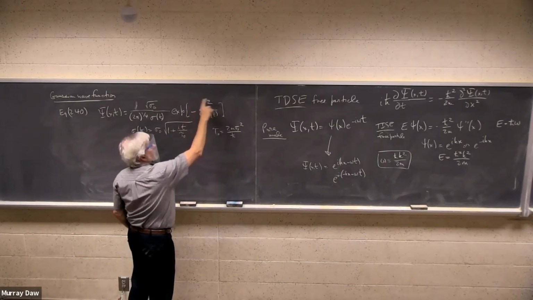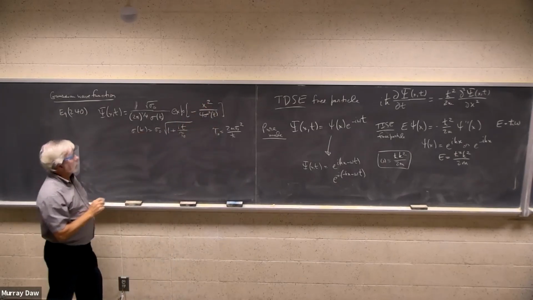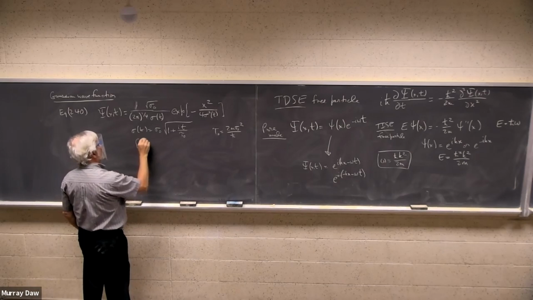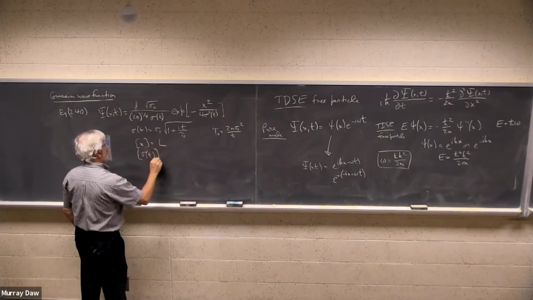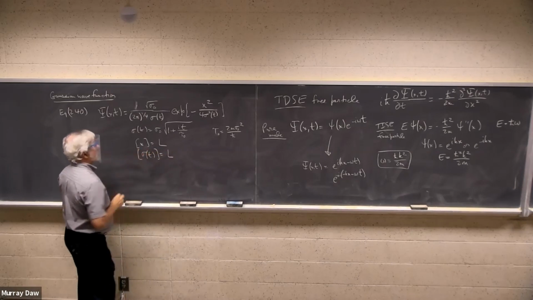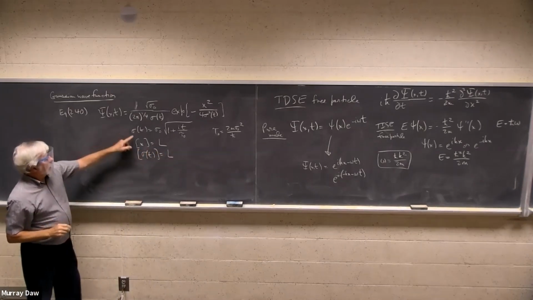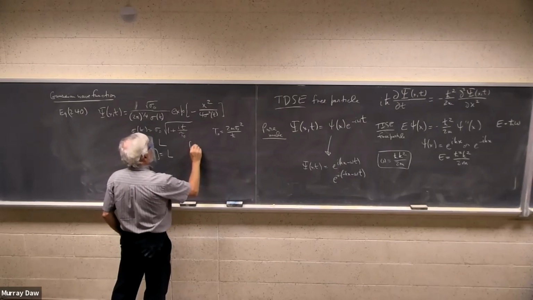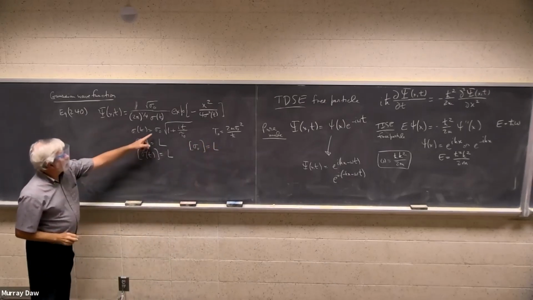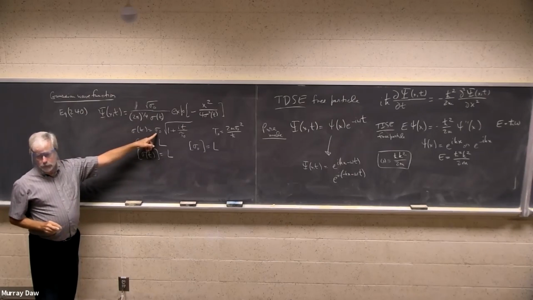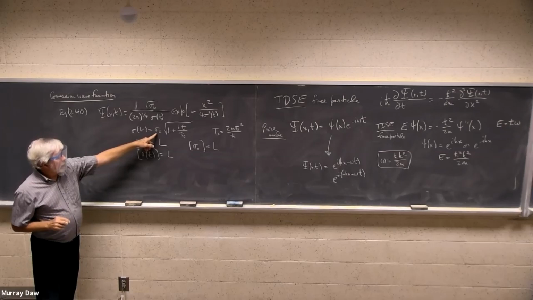This thing has to be dimensionless again. And of course, x is a length. So sigma here, as a function of time, must be a length. And sigma naught also has to be a length. So sigma naught is a parameter in this solution, which is a length, and you'll see the significance of it here in just a second.